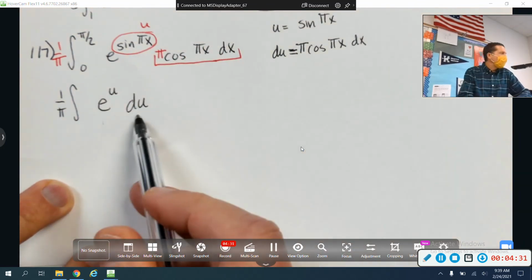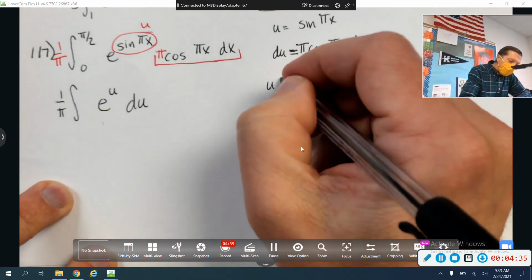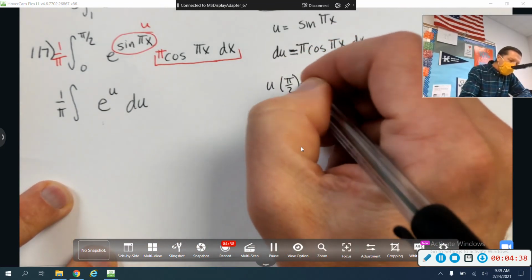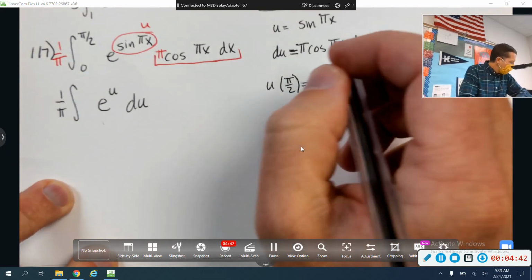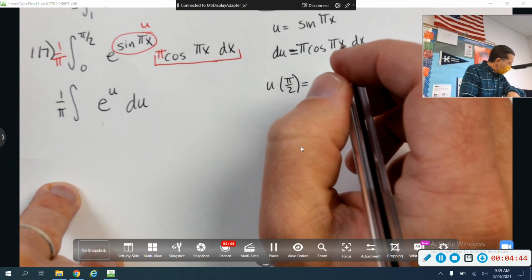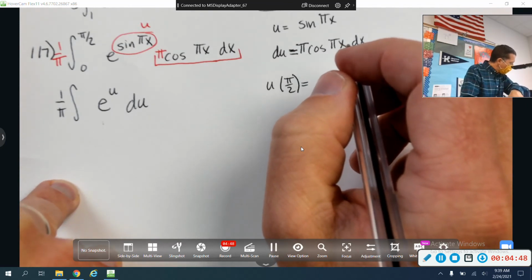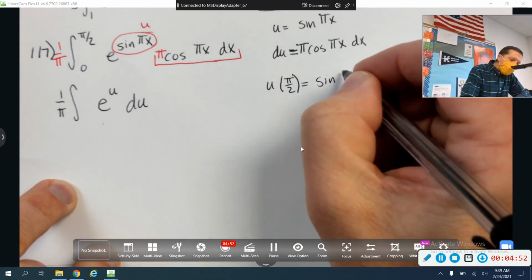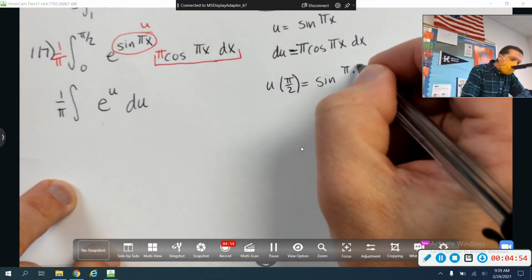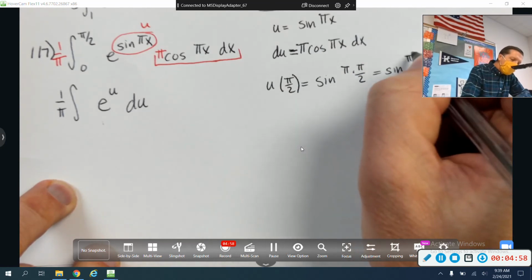Again, they all turn out like this, or almost all of them. And now I need to fix those limits. X is pi over 2. Am I doing this right? Yep. That's the sine of pi times pi over 2.